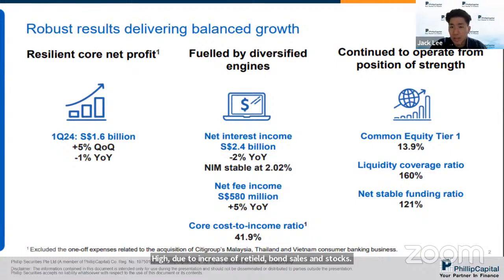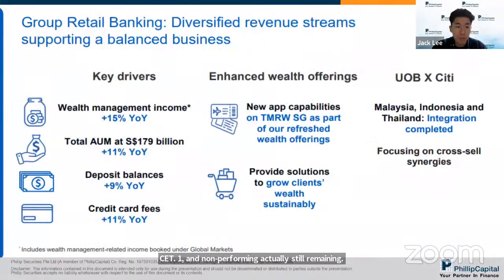And looking at CET1 and non-performing loans, they actually still remain at very good ratios. Okay, so the UOB balance sheet remains robust lah. But compared with DBS, UOB loses a little bit in terms of revenue, net interest margin, non-interest margin, all that.